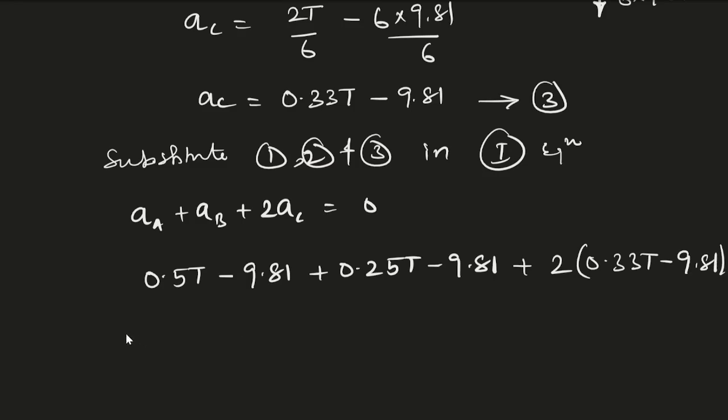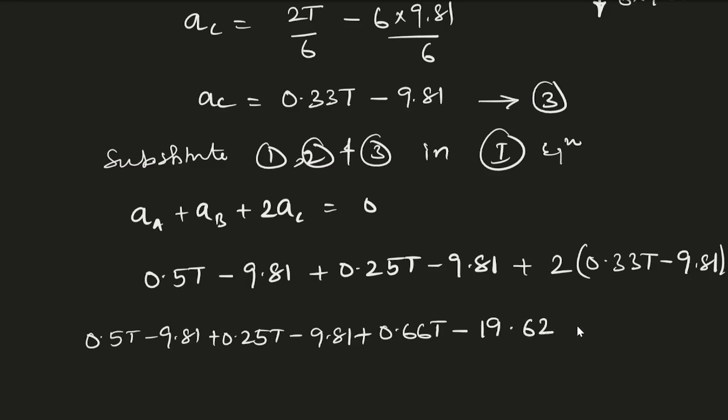Now, 0.5T minus 9.81 plus 0.25T minus 9.81 plus, multiplying by 2, 0.66T minus 2 into 9.81, I'll get minus 19.62. This will be equal to 0.